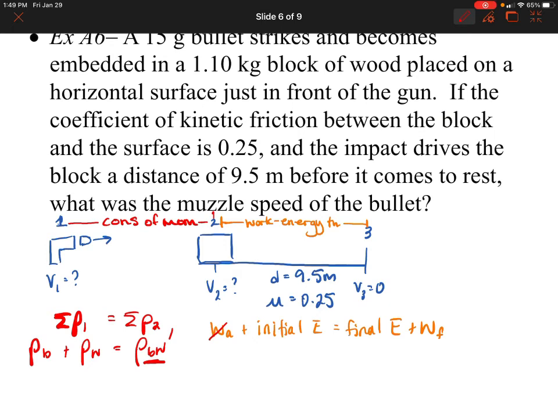Obviously the applied force was the bullet, but we're already assuming that there is kinetic energy initially, right? And why is there initial kinetic energy? Well, because of the force of the bullet. But the force of the bullet isn't moving throughout this whole motion. It just worked really, really fast to get in, lodge itself into the block, and then we don't have that applied force being applied throughout the whole movement, okay?